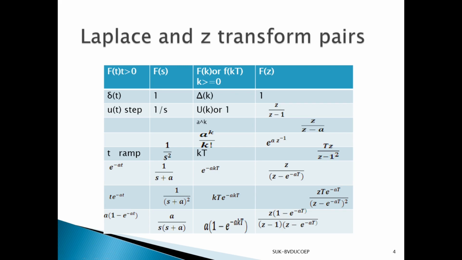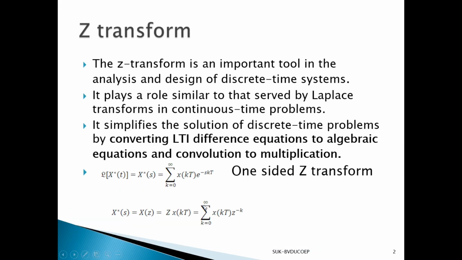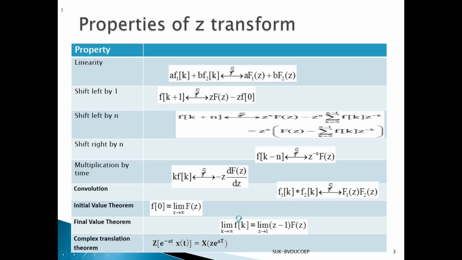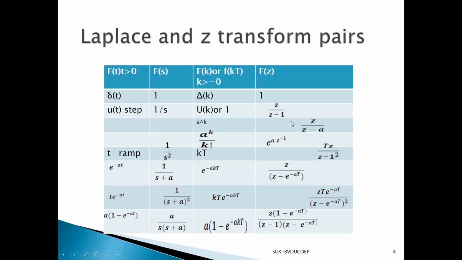This is calculated using the same formula, xk z raised to minus k. If you write this down, xkT, 1 plus z raised to minus 1 plus z raised to minus 2 like that, and therefore this sequence becomes z over z minus 1.